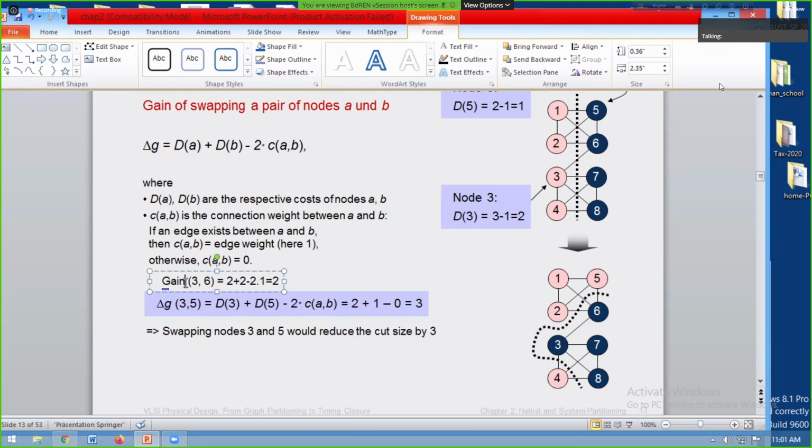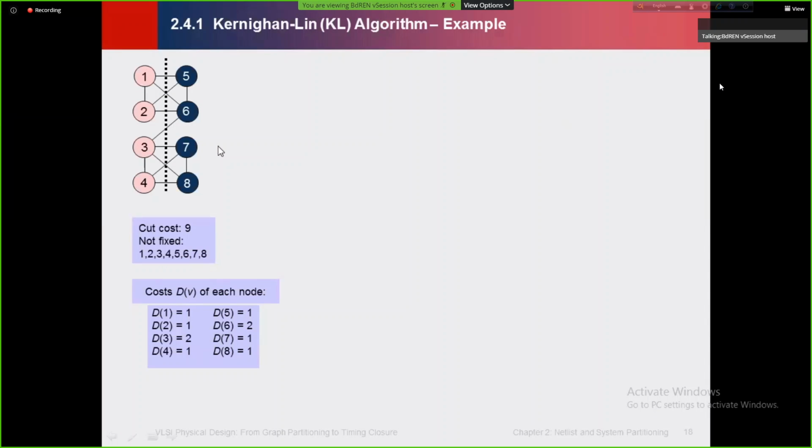So let's say we were here. Now you see the problem: because of the connection between 3 and 6, we cannot swap 3 and 6, right? Because there is a connection between those two nodes. That's why we have to avoid this.